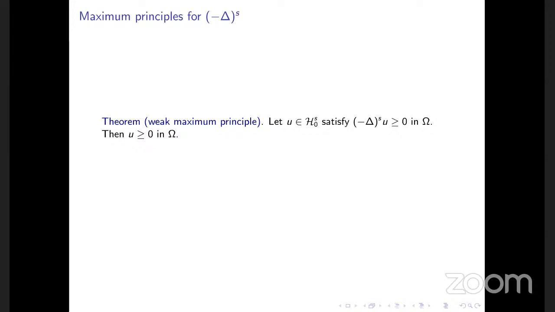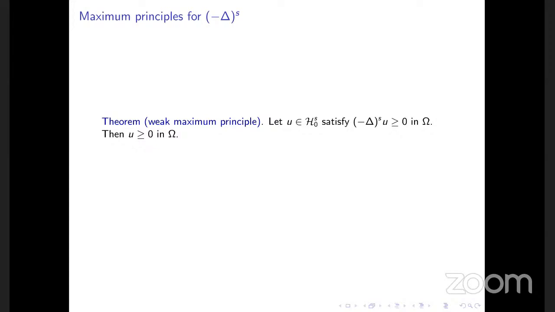So the weak maximum principle is rather easy to prove. If you have a function u in H^s_0, the assumption can be weakened.